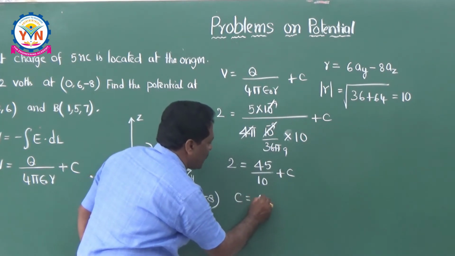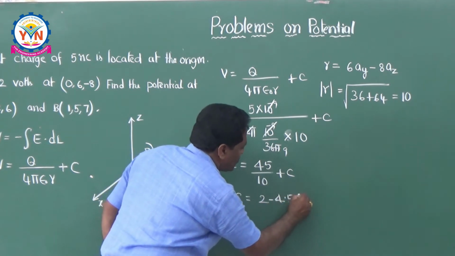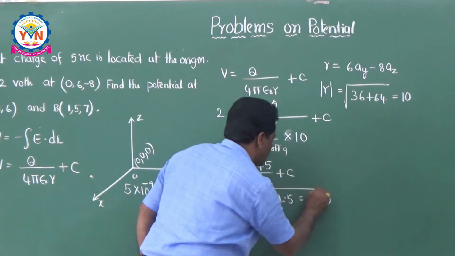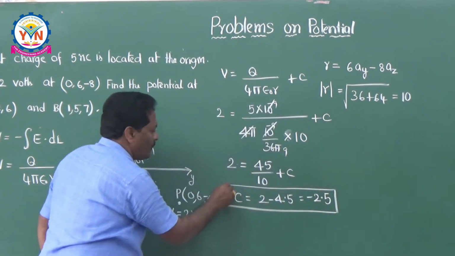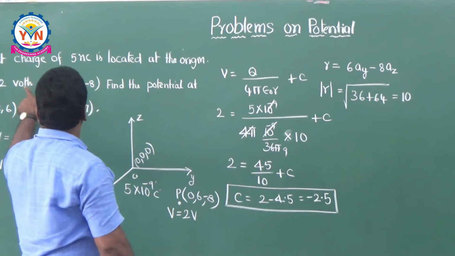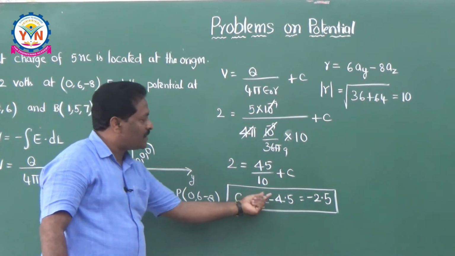C is equal to 2 minus 4.5, so you can say this is equal to minus 2.5. This is the value of your integration constant C. So the first condition is meant for calculating your constant, that is nothing but the C.